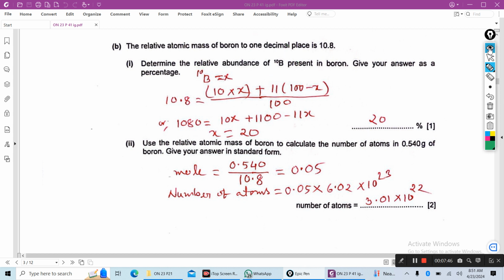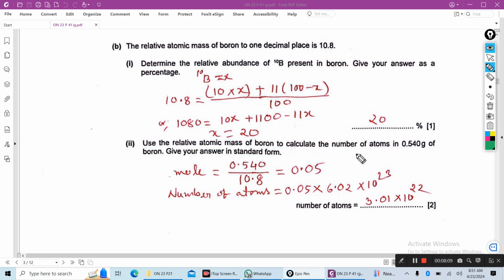Then number 2, use the relative atomic mass of boron to calculate the number of atoms in 0.540 gram of boron. Mass is given. Give your answer in standard form.